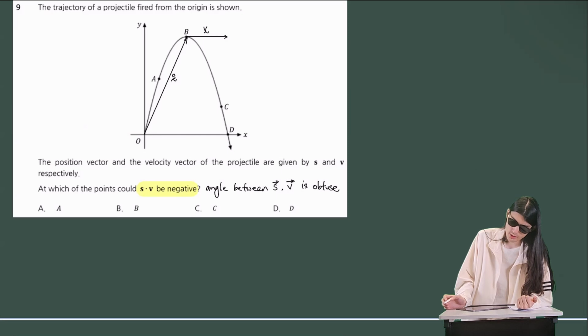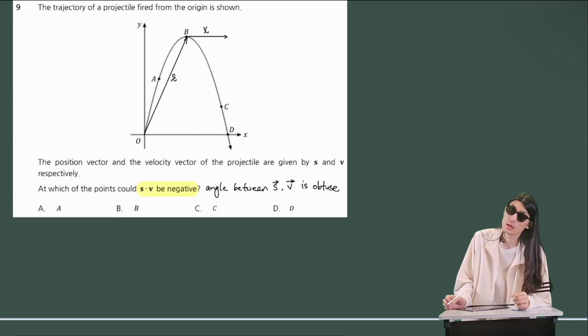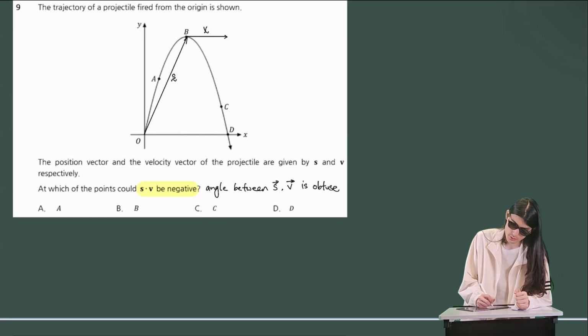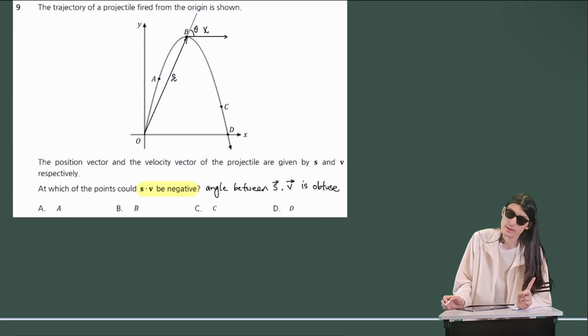And the angle between these two cannot be obtuse. Why? Because where's the angle between these two vectors? It is over here, isn't it? That theta clearly is an acute angle. It cannot be obtuse. So then at which point?